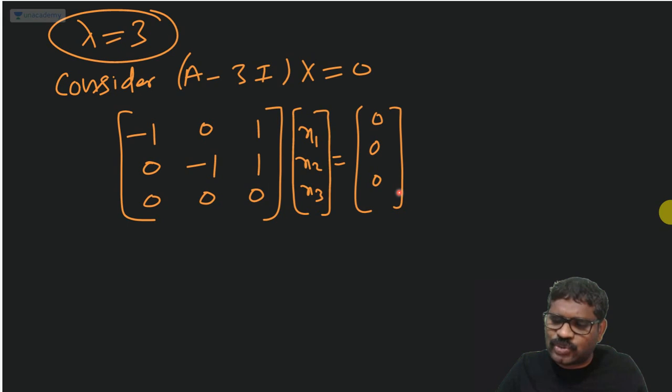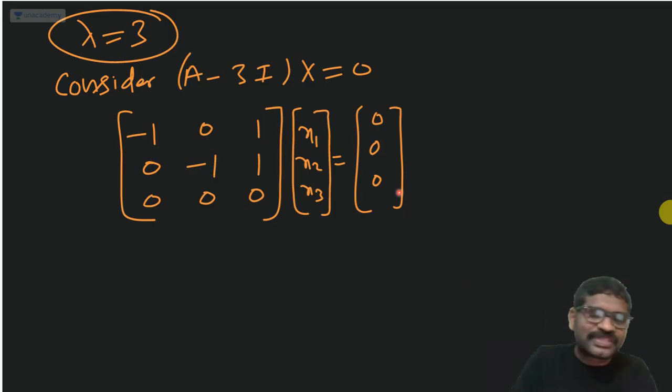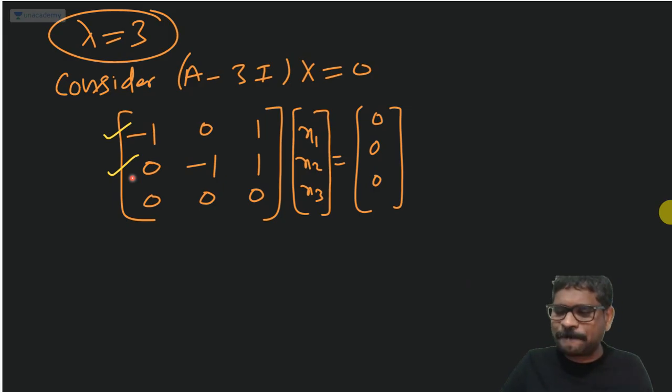In the 3 rows, select 2 non-zero rows. First row and second row are non-zero rows. Catch my point? I am not calculating rank, I am explaining the trick.